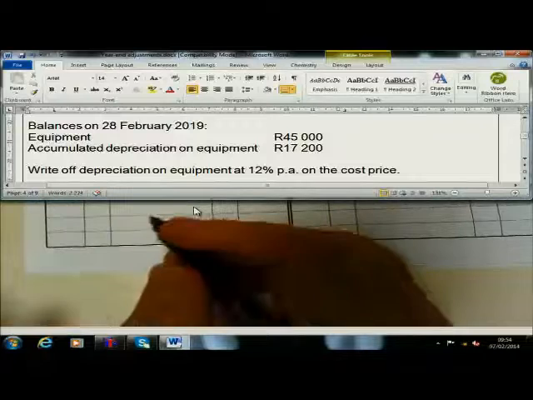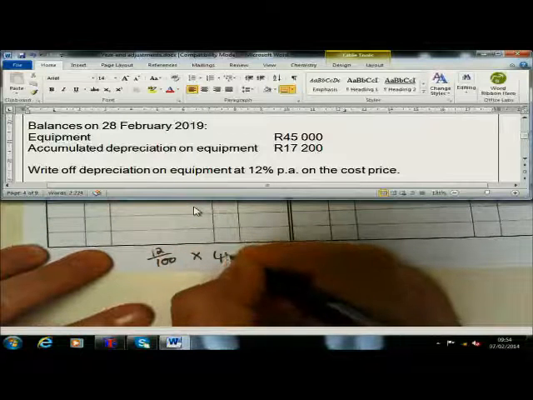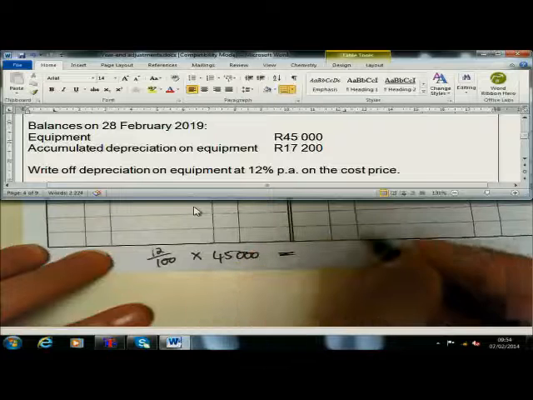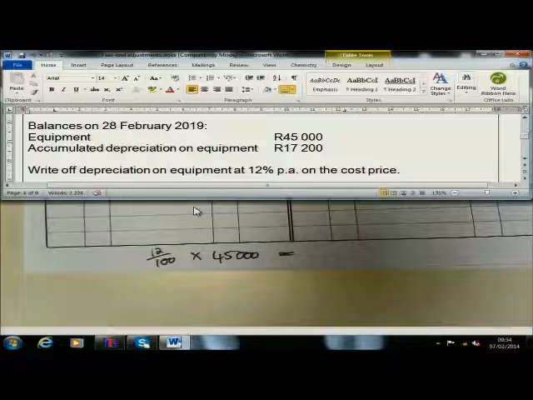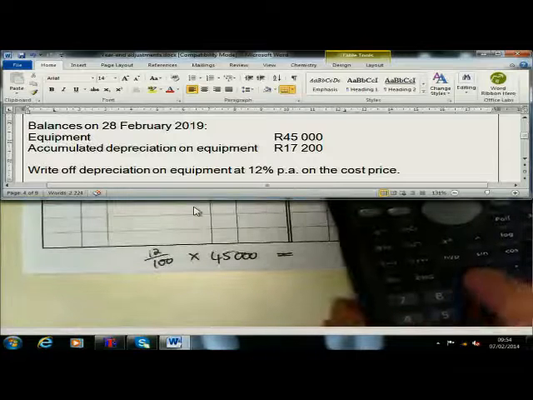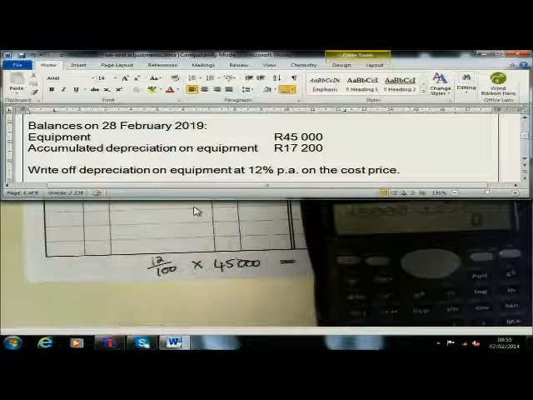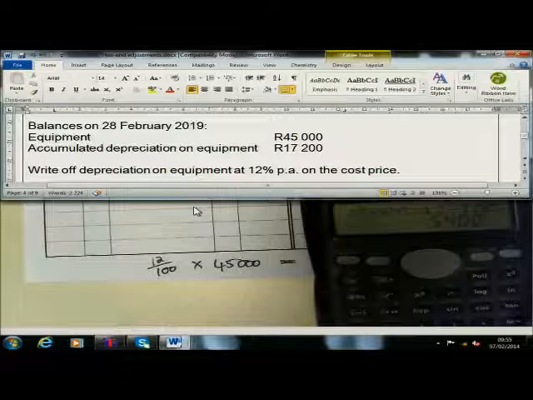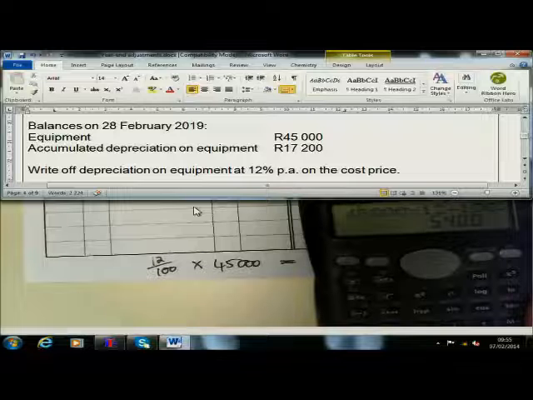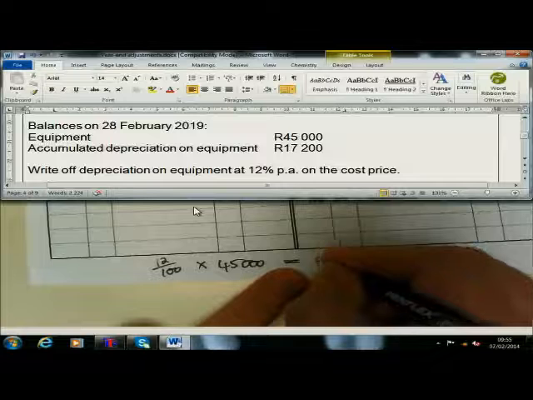So you only take the 12%, you times it by the cost of 45,000 rand, and you work it out for the whole year. So you've got your 45,000 there, 45,000 times the 12%, and there we've got 5,400 rand is the depreciation for this year. 5,400 is the depreciation for this year.